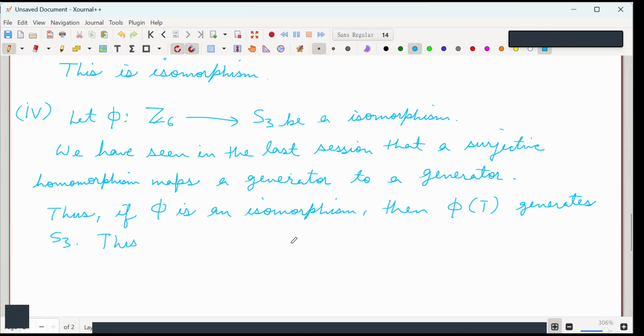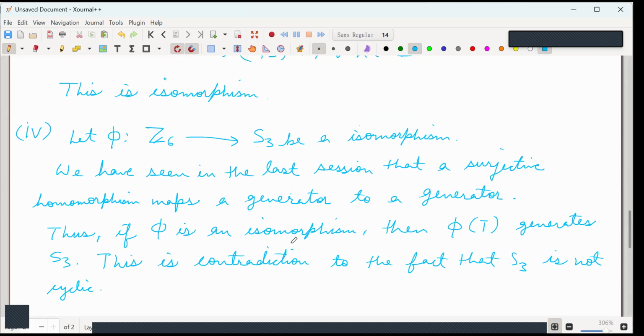This is a contradiction to the fact that S3 is not cyclic. If there is a generator, that means it is cyclic, but we know that S3 is not cyclic.